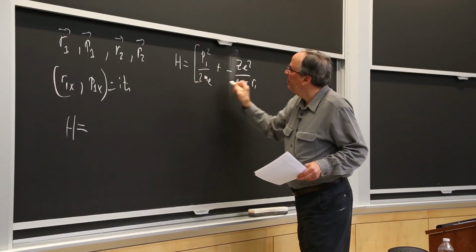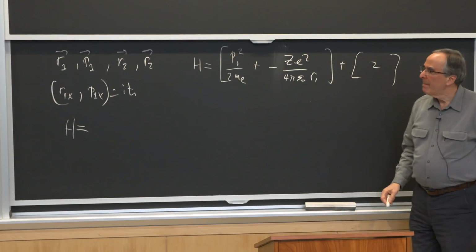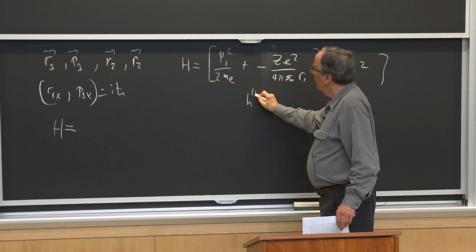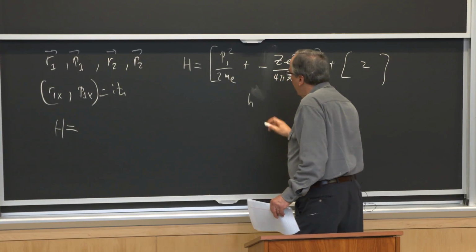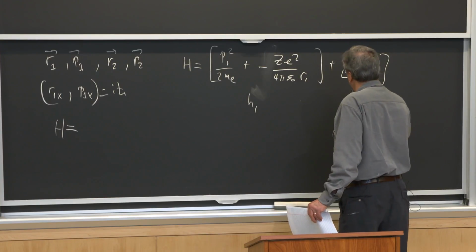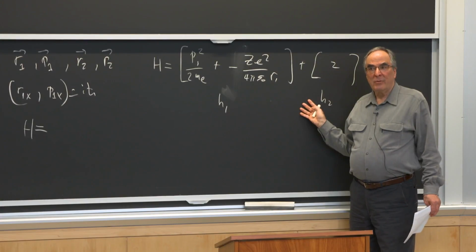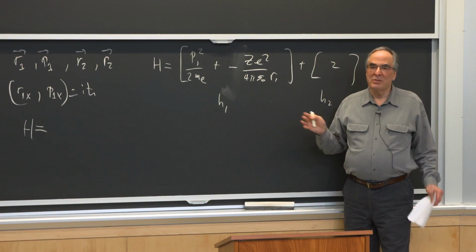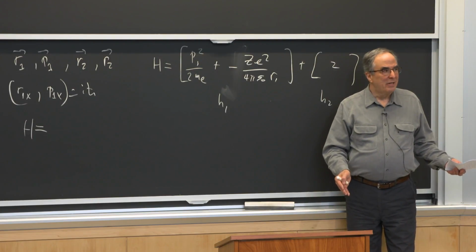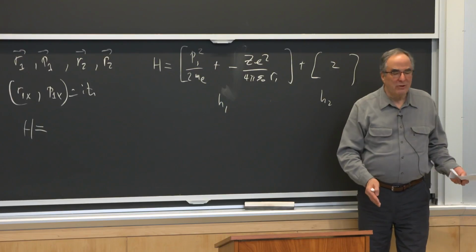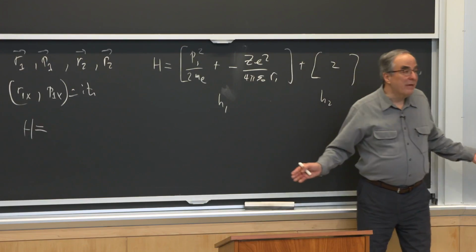And then we have another term like this for particle 2. And we can call this Hamiltonian 1, and this Hamiltonian 2. And these are hydrogen atom Hamiltonians, and we know everything about them. So it's a fantastic way to build up a basis set consisting of zero-order energies and zero-order wave functions with which we can calculate anything.